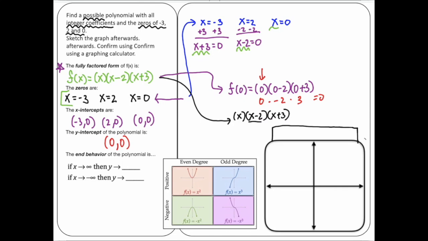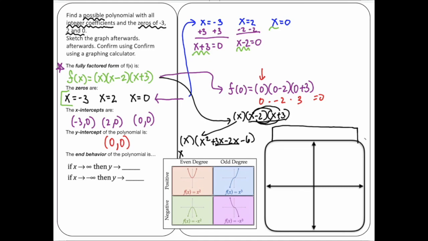So I'm going to multiply these using FOIL first and just bring the x down. So we'd get x times, and then I multiply x times x, which is x squared, x times 3, which is 3x. Negative 2 times x is a negative 2x, and a negative 2 times 3 is a negative 6. Clean up the center here, and that's going to give me a negative 1.